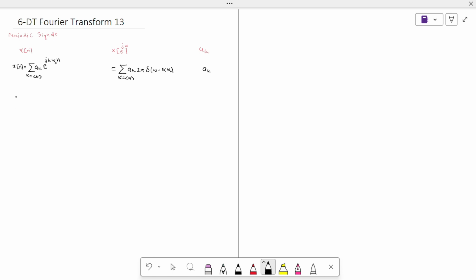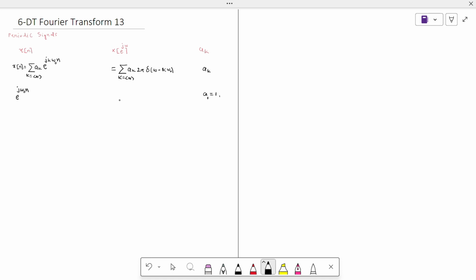Next, another periodic signal, e power j omega naught n. Here a1 exists and equals 1; otherwise all other values of ak equal 0. It has only a1.